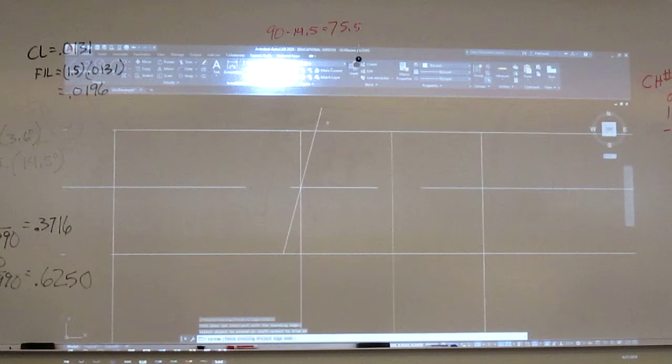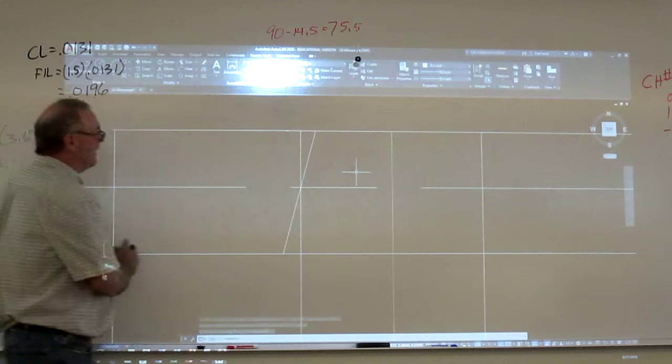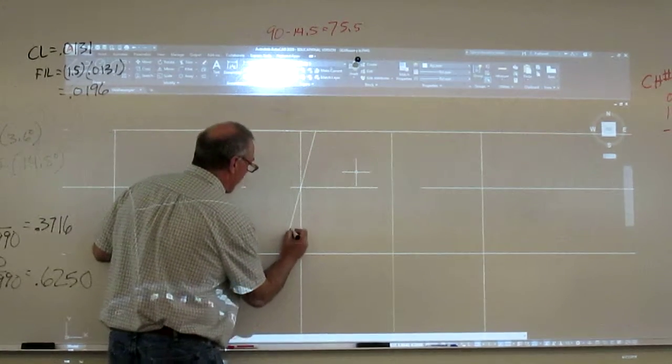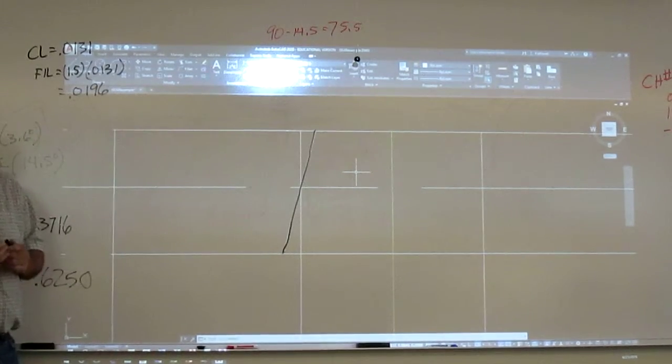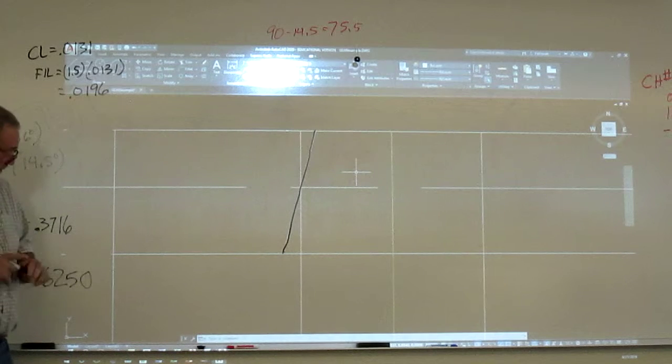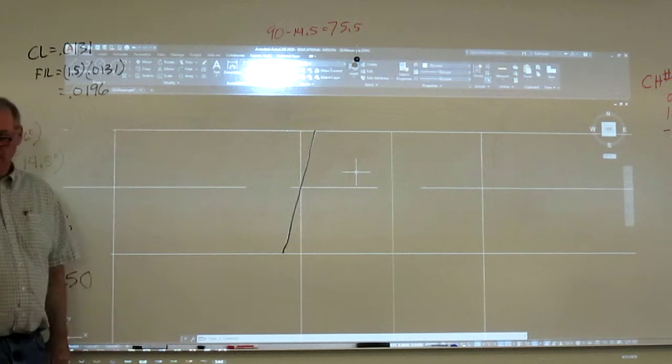Then kind of extend it and trim it to where you're covered from the dedendum to the addendum. So the line I did was this guy. And you want to go all the way from the addendum to the dedendum, and it should pass through the pitch and the pitch diameter point.